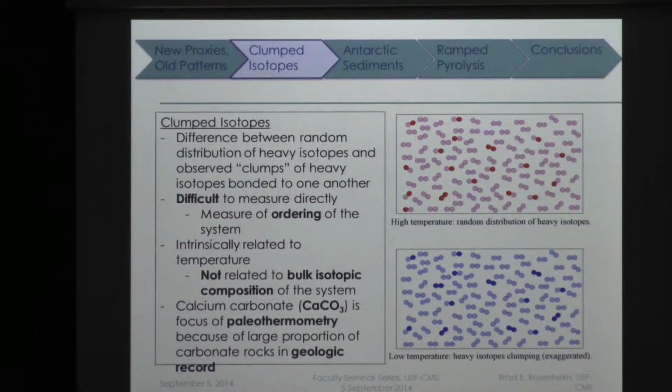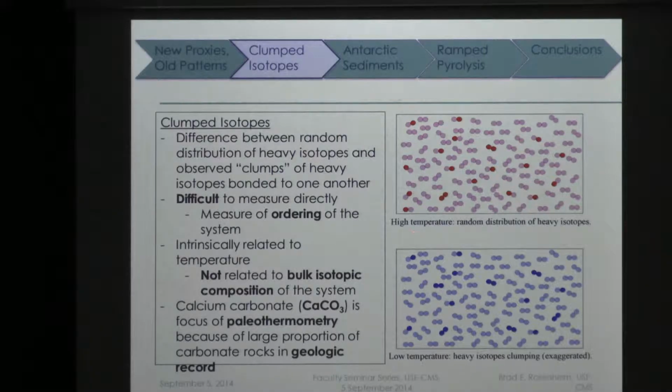But to start, I'll give you a little bit of background on clumped isotopes. This is sort of two systems here. This is a very simplified diagram. It's a diatomic molecule, hydrogen, for instance. So the light colors are a mass 1, and the dark colors are a mass 2 with an extra neutron attached to the proton.